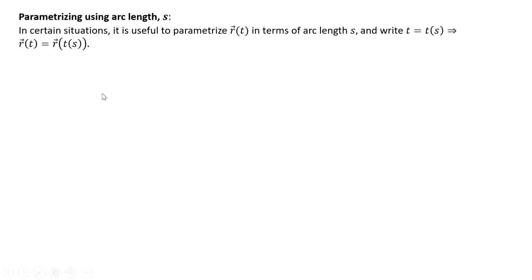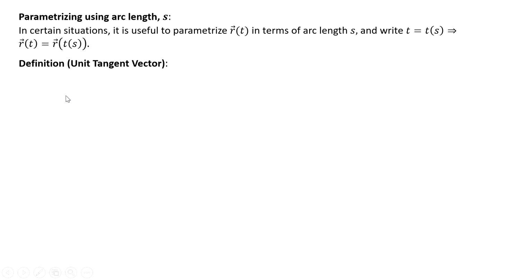In certain situations, it is useful to parameterize r of t in terms of its arc length s. So here we'll say t is equal to some t of s, and so r of t becomes this composite function r of t of s. We could do that, and that comes in handy in just a second.